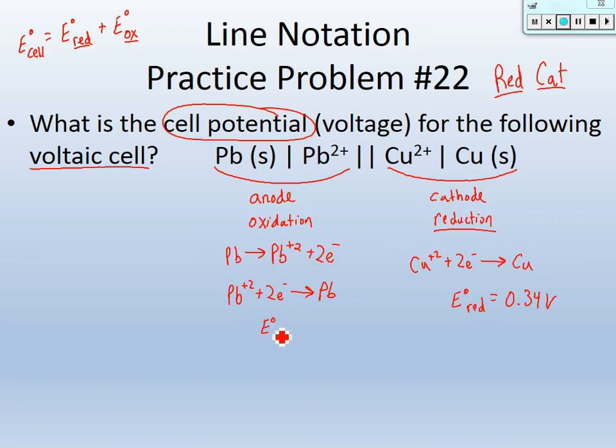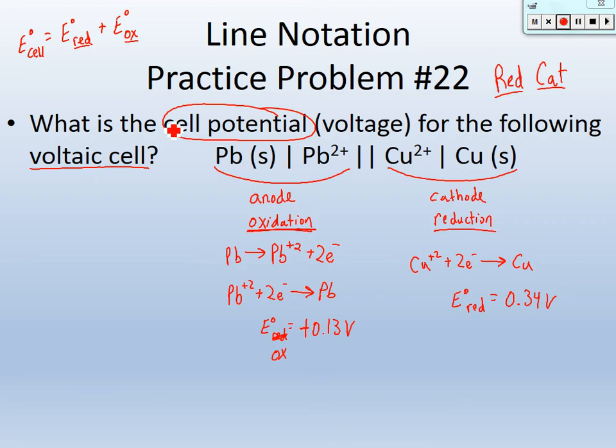And so this one has an E naught reduction of a negative 0.13 volts. But that's reduction. But we know it was the oxidation half reaction. So how do we find the oxidation? We switch the sign. And now it becomes the oxidation half reaction. So it's going to be positive 0.13.